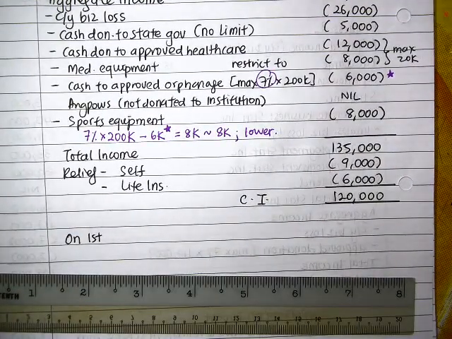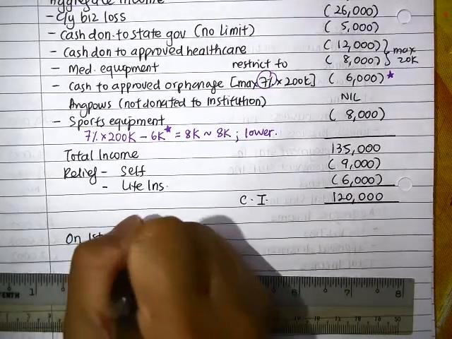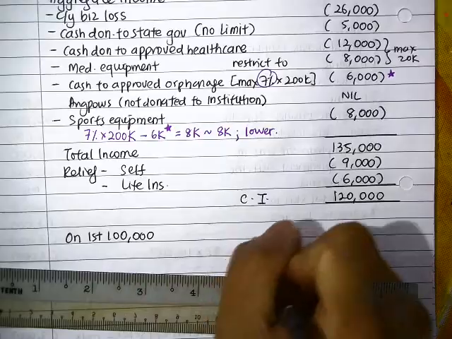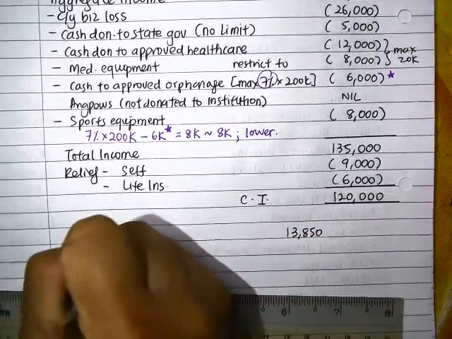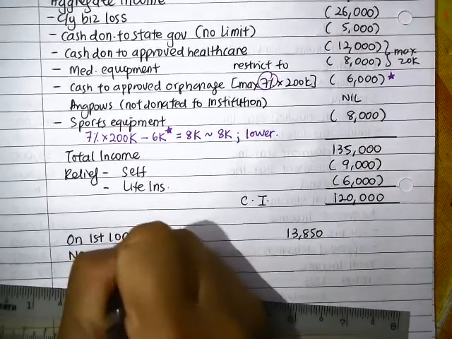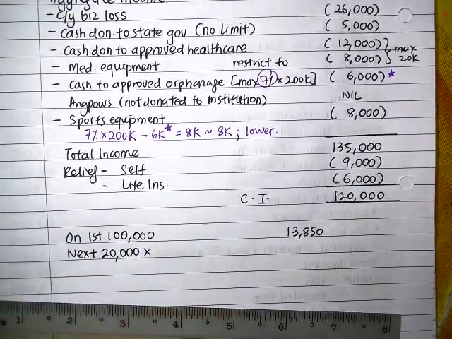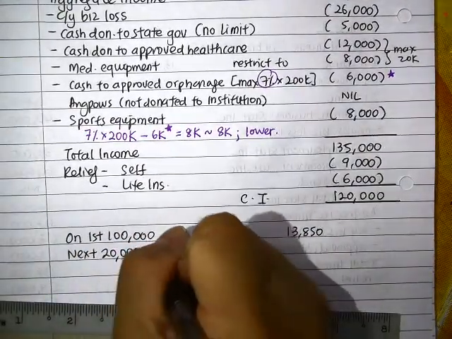So if I follow my tax rate again just now, page 25, okay? On the first 100,000, your tax is 13,850. Excess of that, you pay tax at 26%.